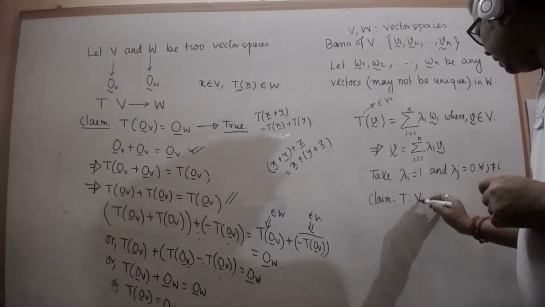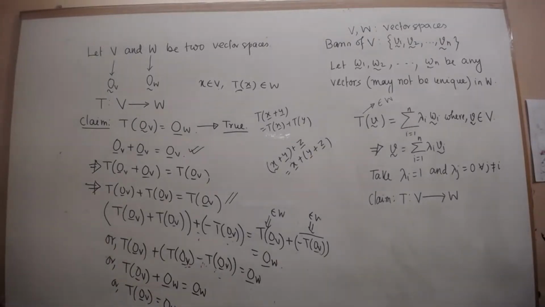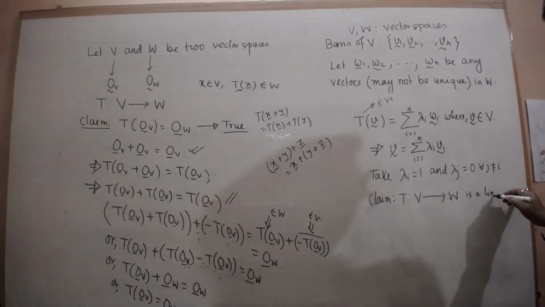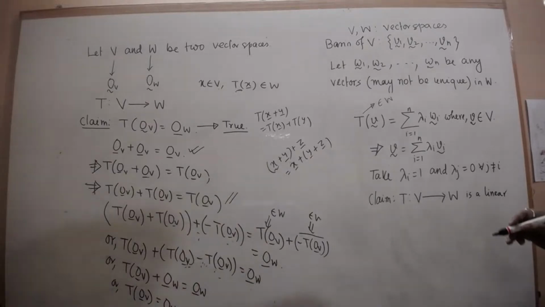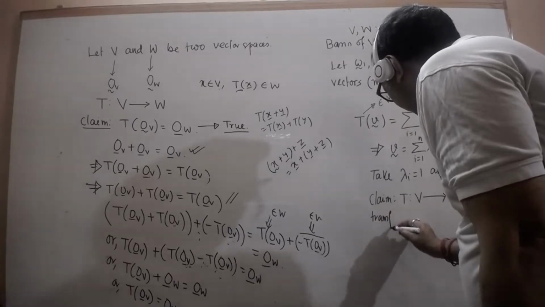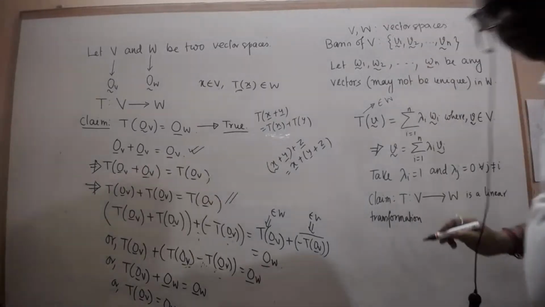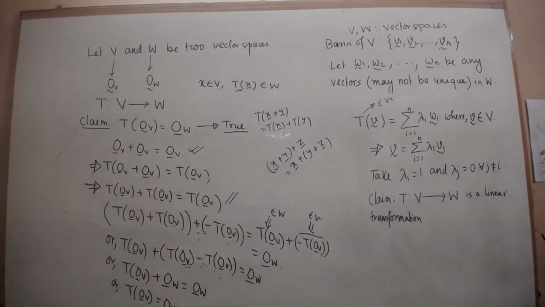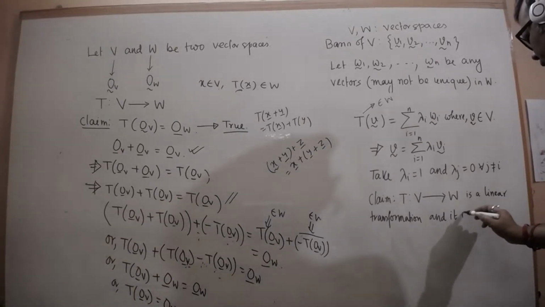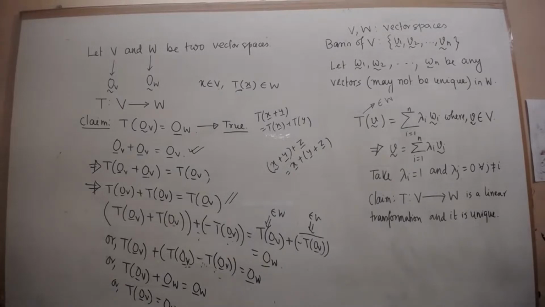T is a linear transformation from V to W, and it is unique.